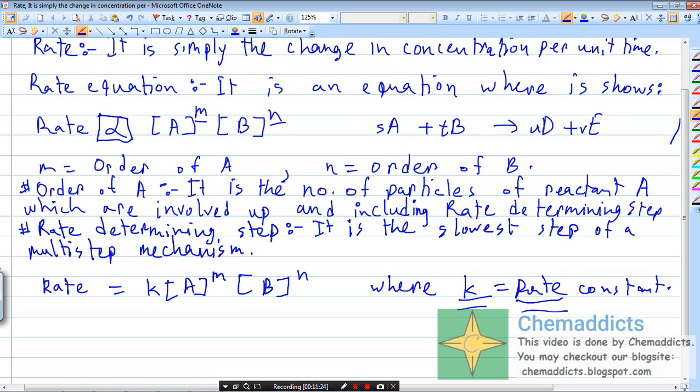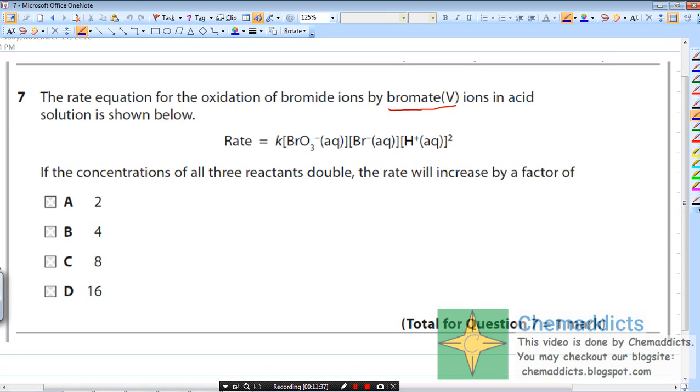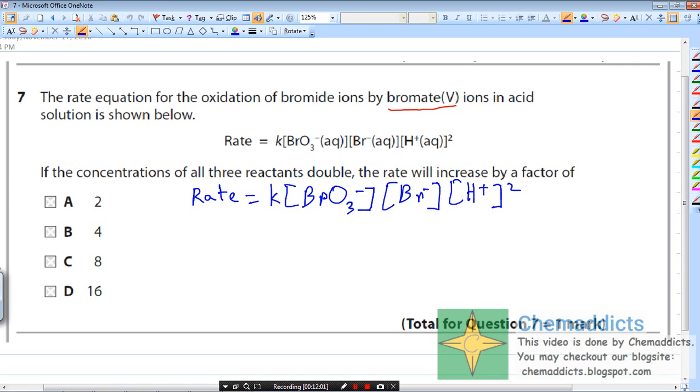Now let us move back to the question. Let us once again copy paste this whole thing: BrO3 minus, then Br minus, and H plus squared.